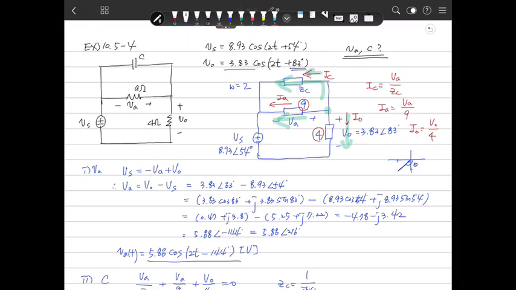But the calculation is a little bit complicated, because the variable is a complex number. The only difficult thing is the calculation, but the approach to solve the circuit is very simple, because we can deal with all of the impedance elements like a resistor in the time domain.